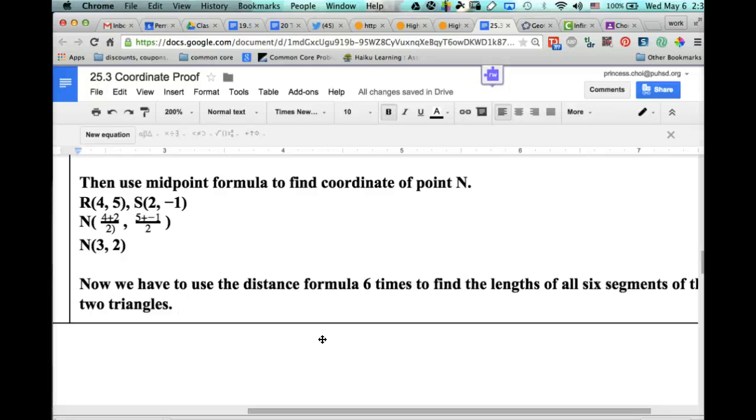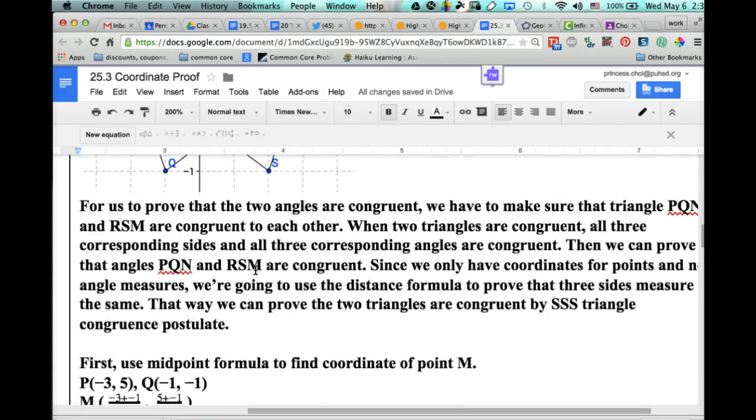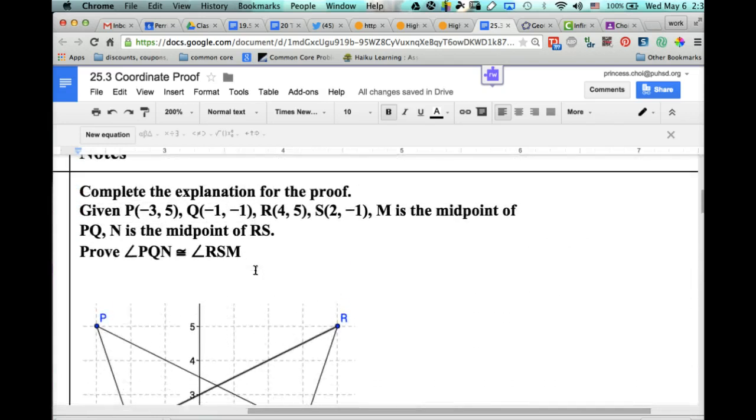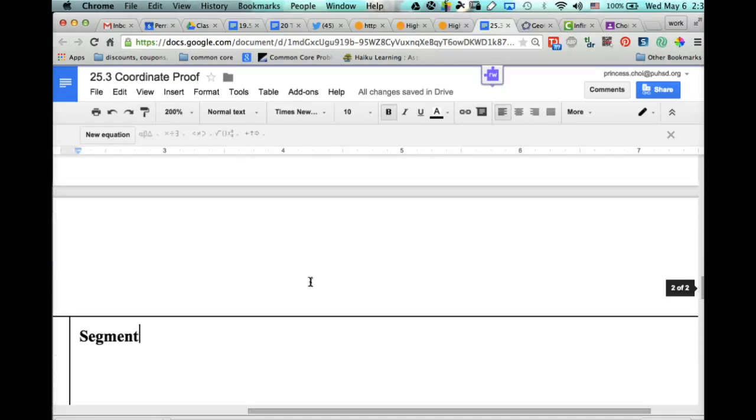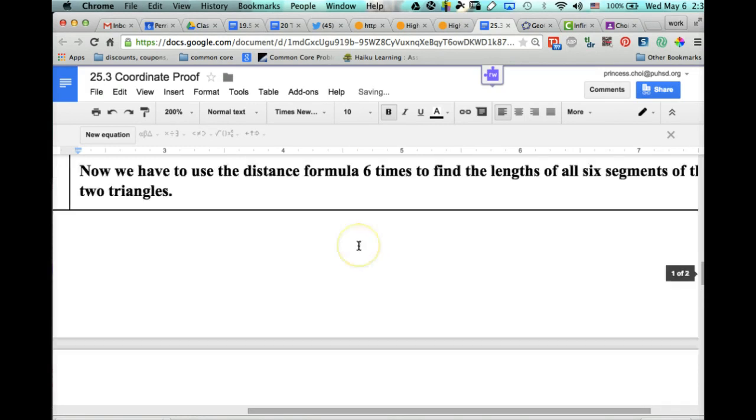I'm typing it just myself. Okay? So, there you go. So now we have to use segment length. Okay, guys? So, we have to compare triangle PQM and RSN. So I'm going to put over here triangle. What was the first triangle?